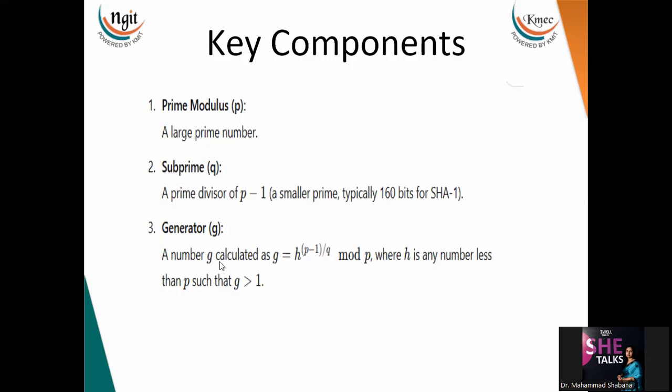And we are taking one generator G, calculated as G equals H power (P minus 1)/Q mod P, where H is any number less than P such that G is greater than 1.